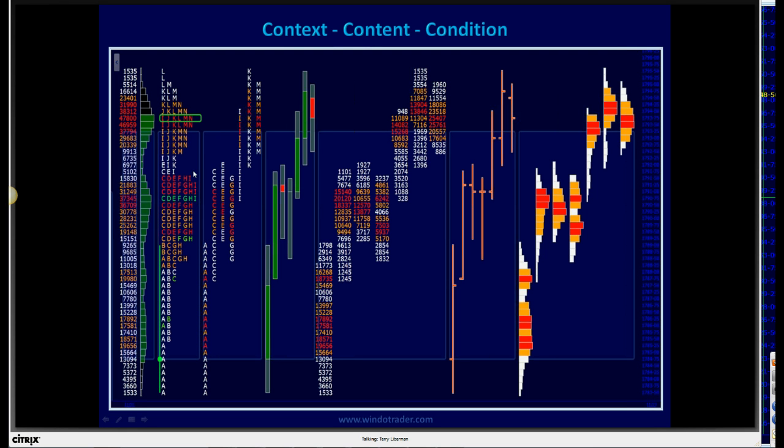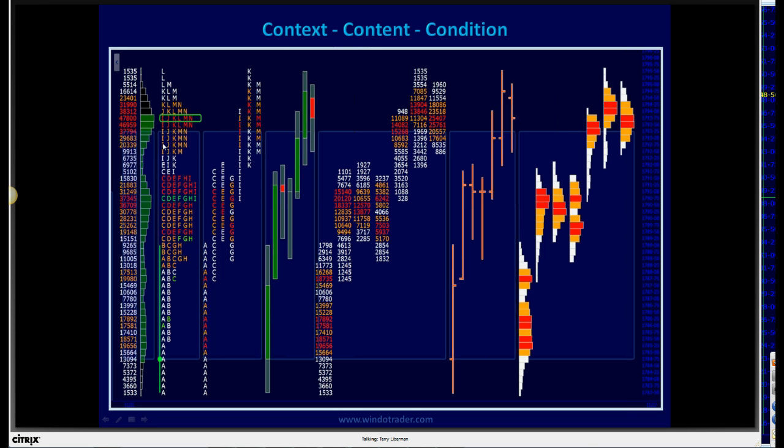In this case, that's an up candle. It closed up there where the green bar ends, right here. And then also this is a last price indicator right here. So I have my context right here.